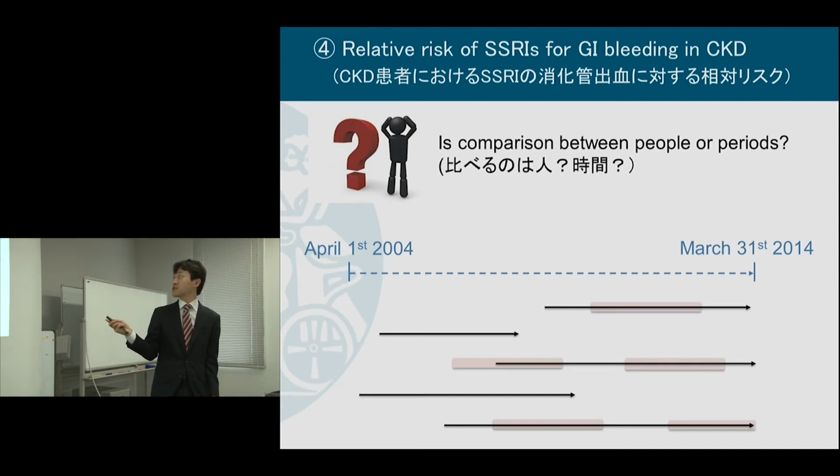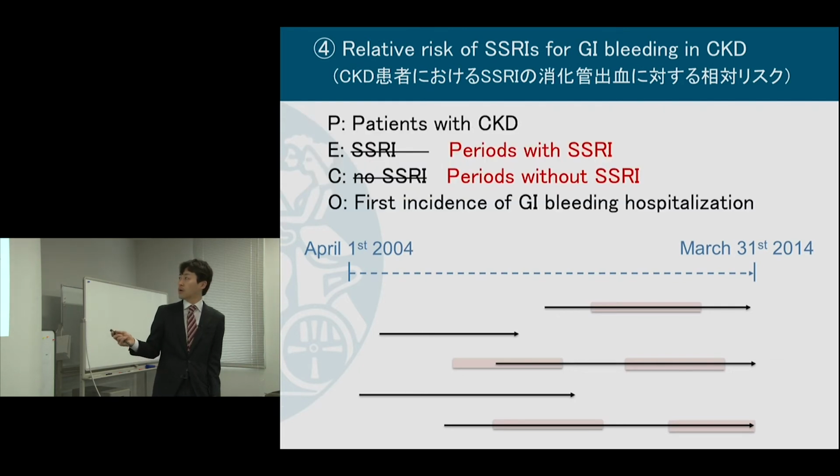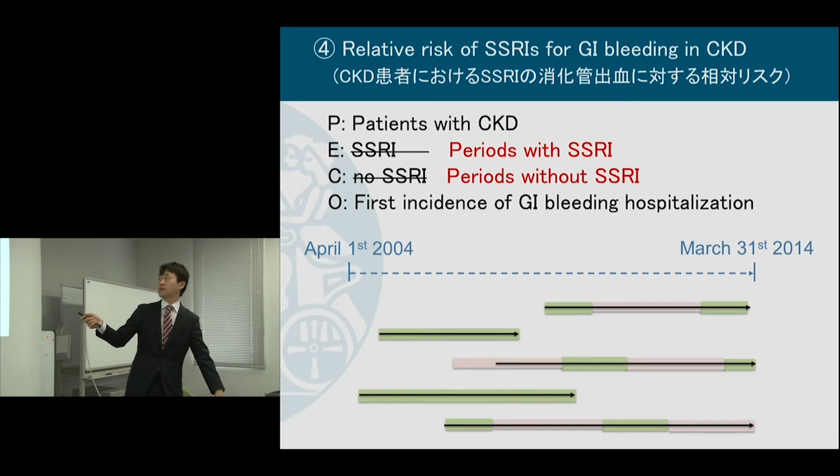So I should have compared periods. So one patient may have both periods with and without antidepressants, by which I mean I compared periods with and without SSRIs, so pink versus green. That's my decision.